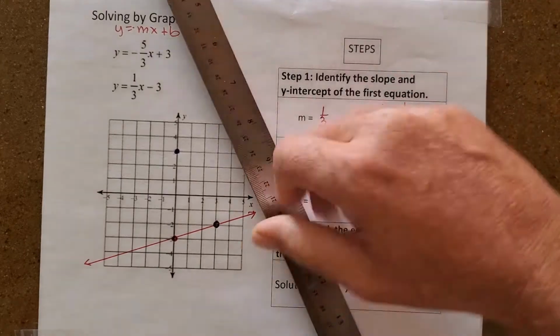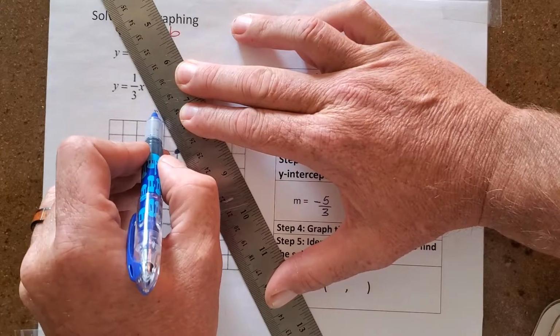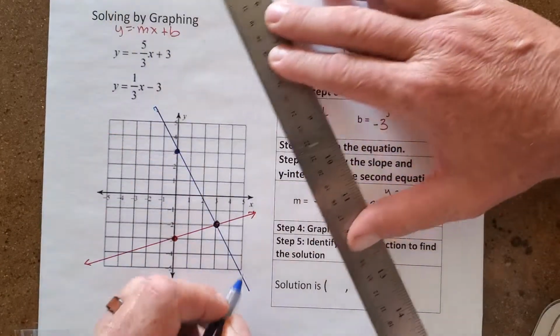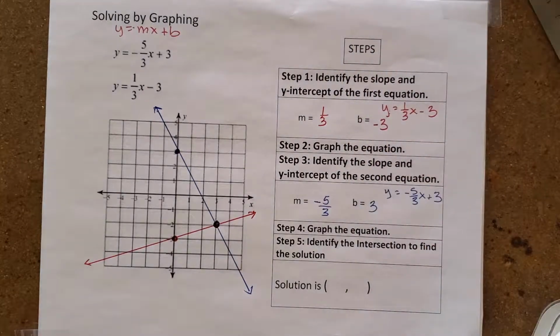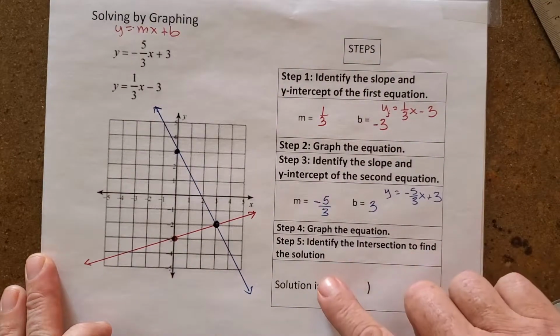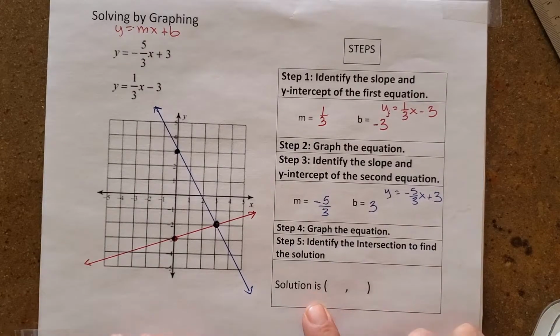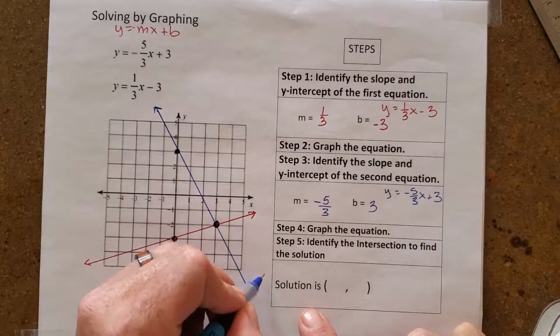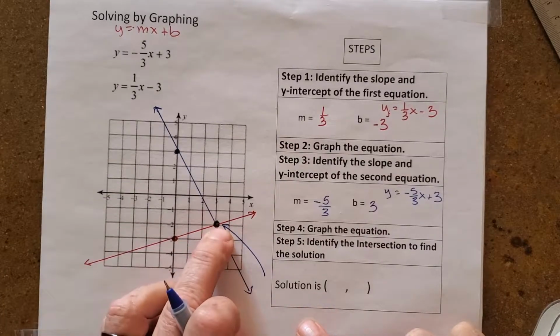What you can see then is now that I have my two dots, line up your straight edge, graph completely across the graph. Sometimes it's really important to do so. And then I'm going to go ahead and identify the intersection to find the solution. To find the solution to a system by graphing is simply the ordered pair where the two lines intersect.